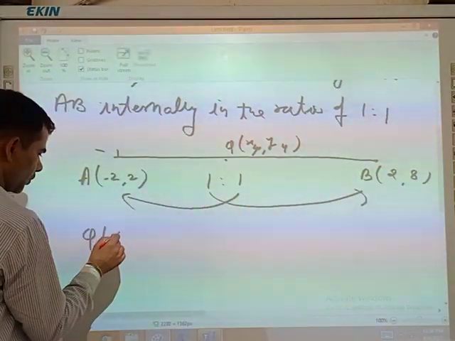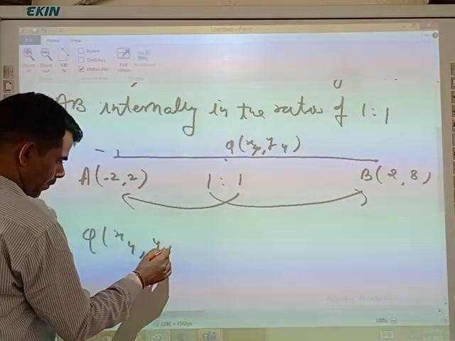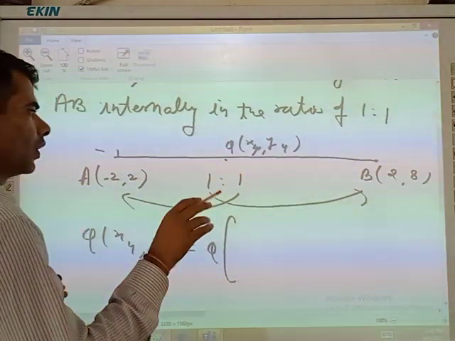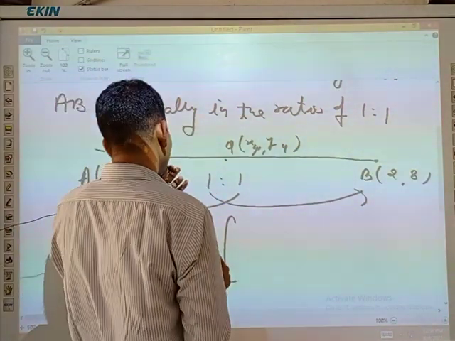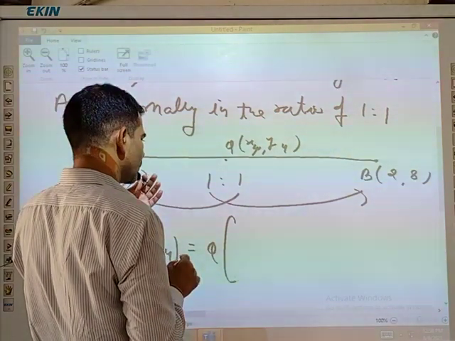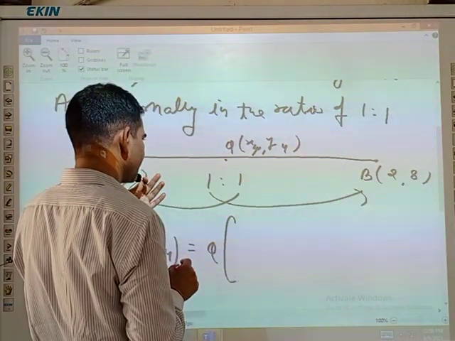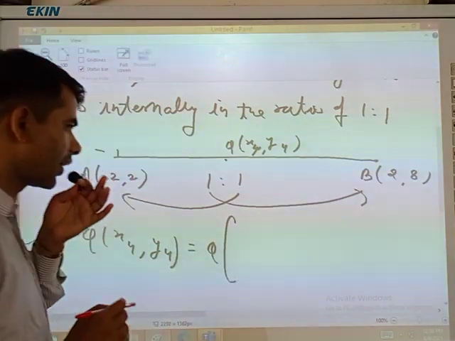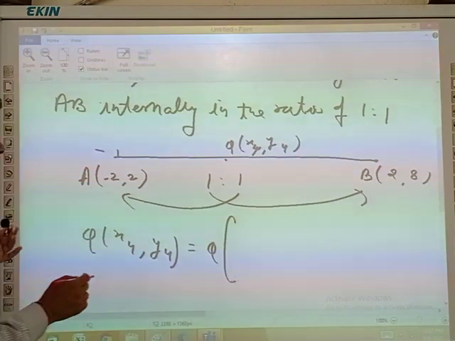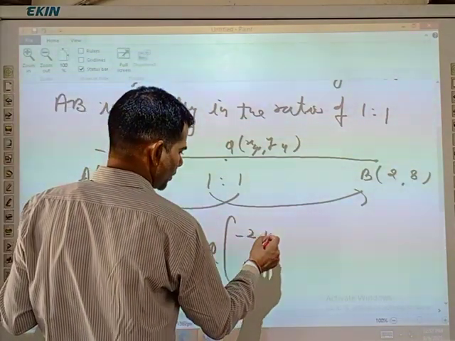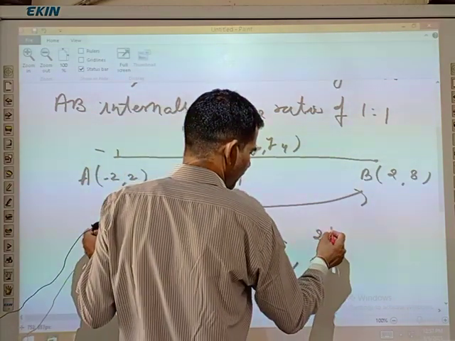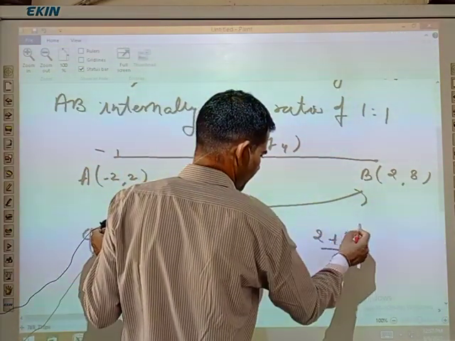Now Q (x4, y4) is the midpoint: (x1 plus x2) divided by 2, (y1 plus y2) divided by 2, that is (-2 plus 2) divided by 2, (2 plus 8) divided by 2.